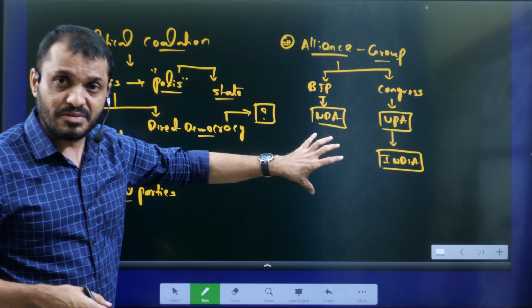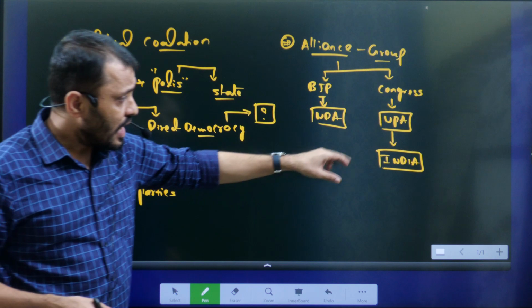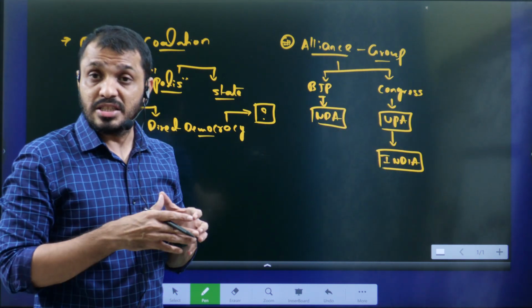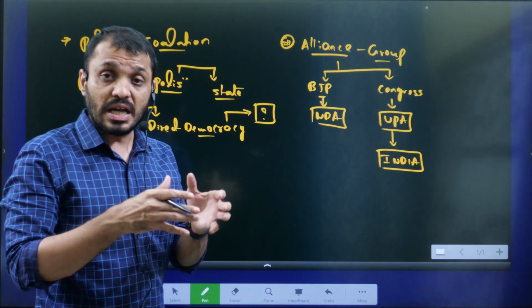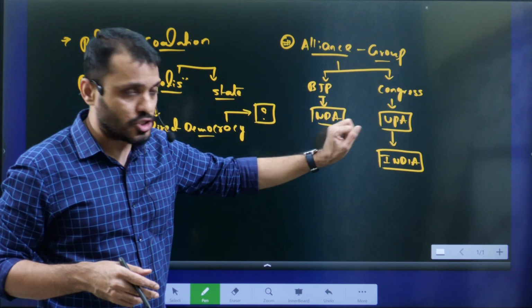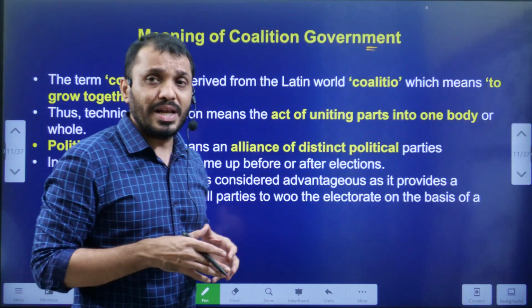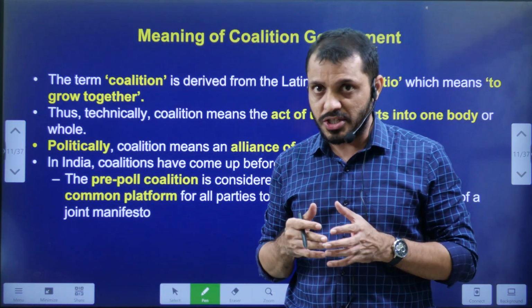What is the main objective of these coalition parties? The coalition contests the election as a coalition and gets into power. By that they will form the coalition government. A coalition government is nothing but a government run by a coalition, which includes multiple parties. A coalition can be formed either before the election or after the election.